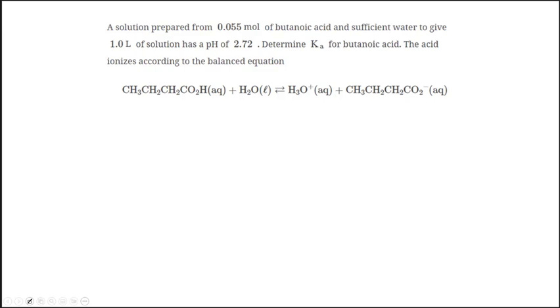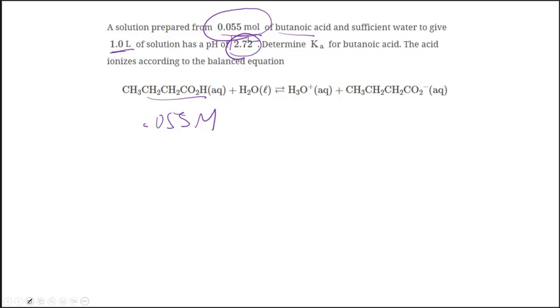We have a solution and we have 0.055 moles of butanoic acid in 1 liter. So therefore this is my concentration, because this many moles divided by 1 liter gives me 0.055 molarity of my butanoic acid. The pH is 2.72.